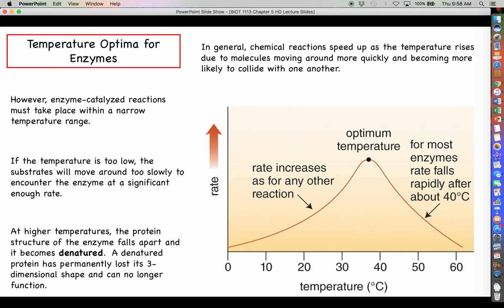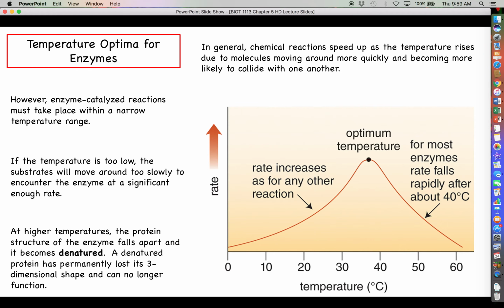So the graph that you are seeing here that maps out an optimum temperature of 37 degrees Celsius would be true for most human proteins and a lot of bacterial proteins. Basically, any organism that maintains an internal temperature of 37 degrees Celsius, or a bacterium that likes to live at 37 degrees Celsius, that's generally going to be the optimum temperature for those enzymes.